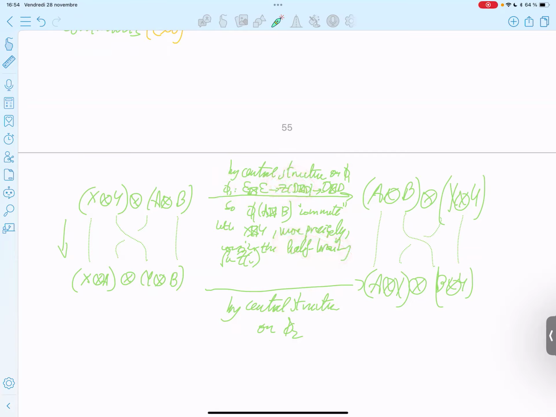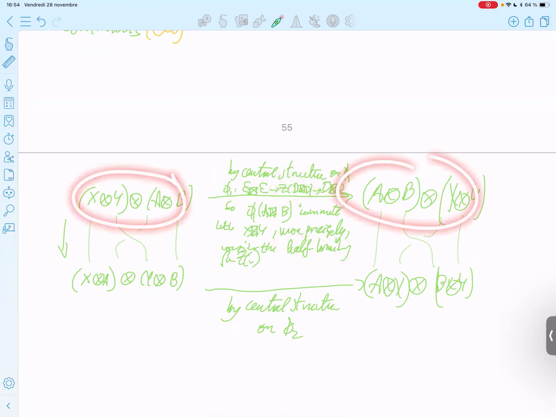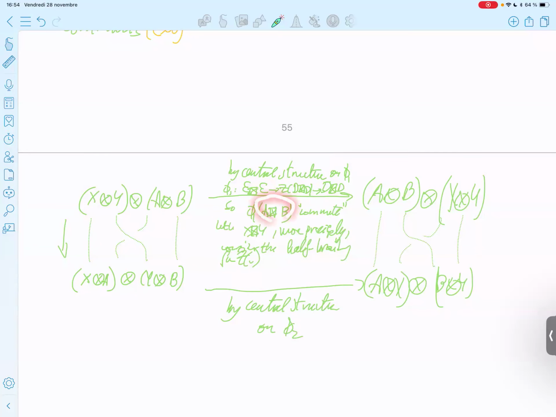The half braidings are just isomorphisms of this form. Here you consider the element of the Drinfeld center, the image of that, with some half braiding, which is a kind of natural transformation. If you apply it specifically to that, you can get an isomorphism between these two.